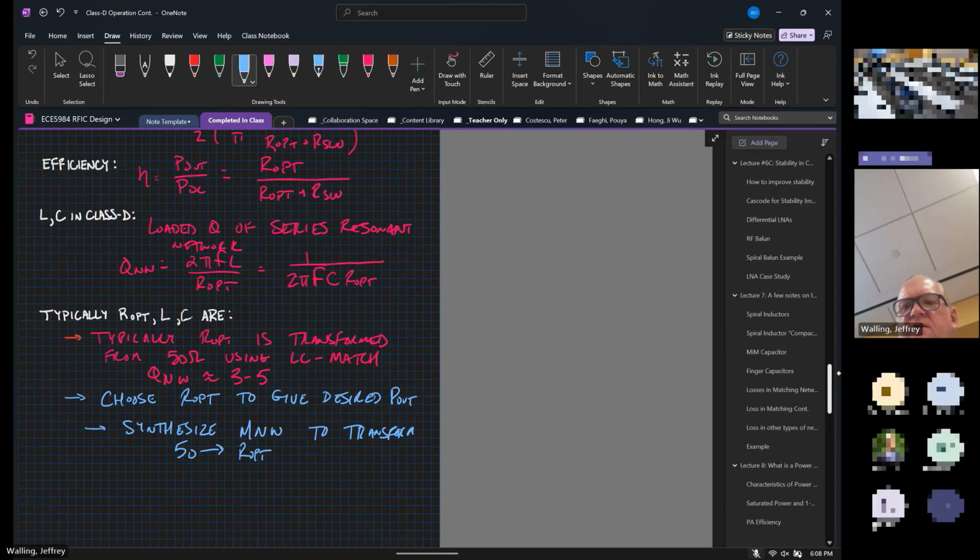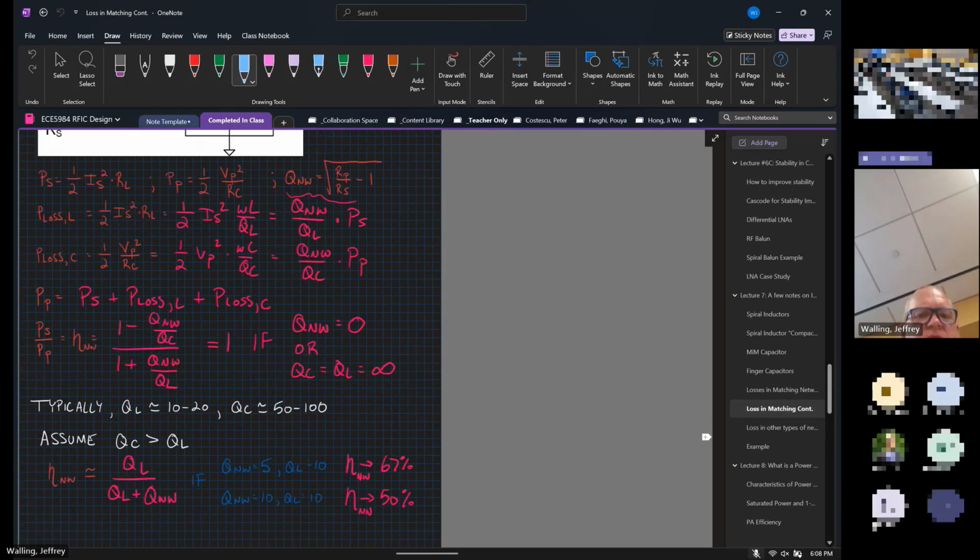So let's go back. We did these calculations that show you what the loss in the matching network is. It ends up being proportional to 1 minus something over 1 plus something, and we boiled it down to this main point: the inductor is almost always lossier than the capacitor.